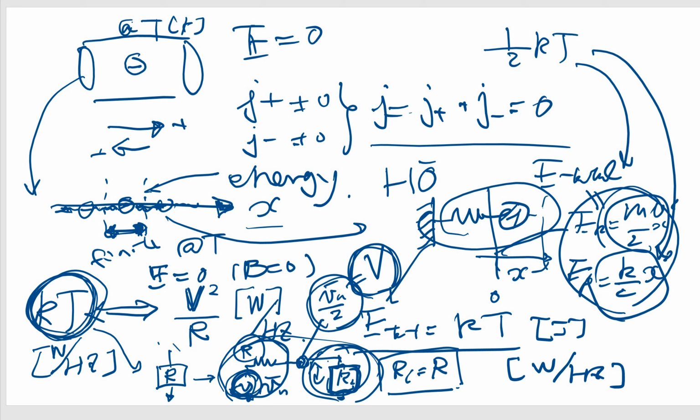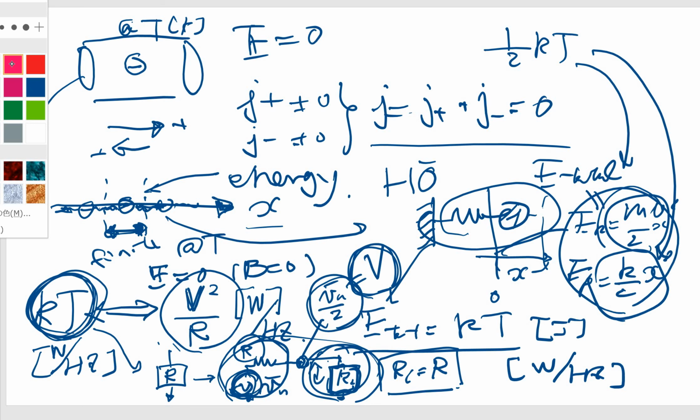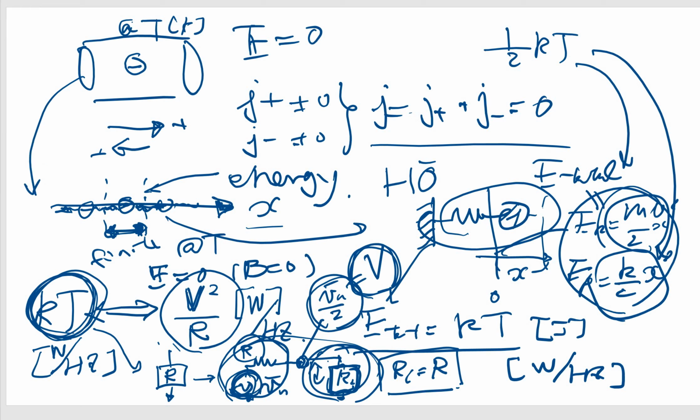So the power per hertz is written Vn squared over 4R.